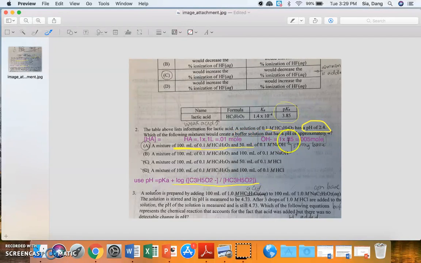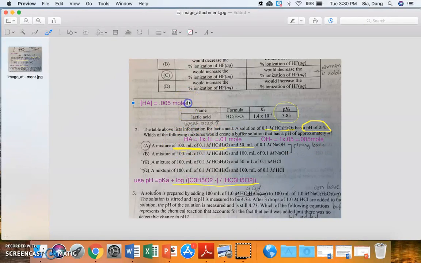You can see that means 0.005 of the HA will disappear. So the HA left is going to be 0.005 mole. How do I know? You figure it out from 0.01 minus 0.005, because 0.005 of it is going to be neutralized.